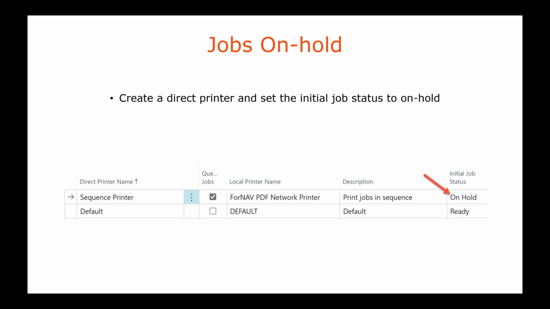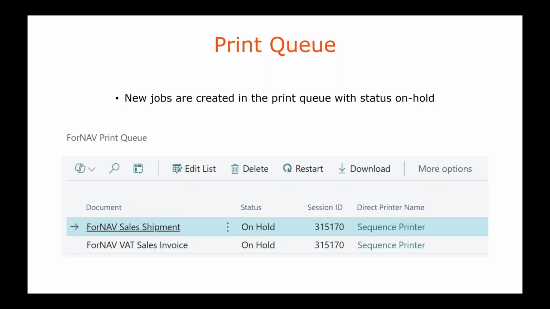But we want to have jobs on hold in the print queue until we're ready to print all of them at the same time. So this is something you set up on the direct printer definition. When you print to a printer that has the initial status set to on hold, this is what you see on the print queue.